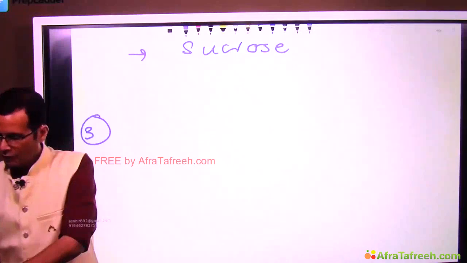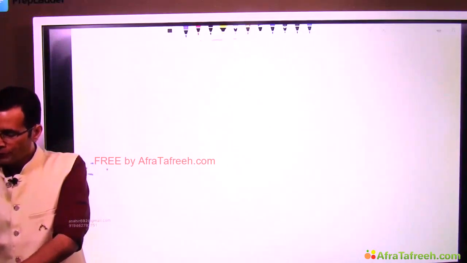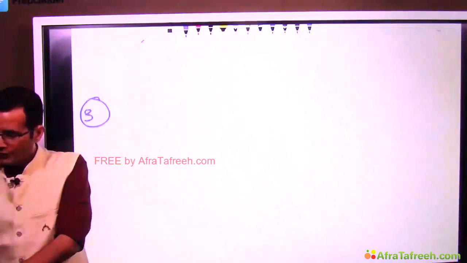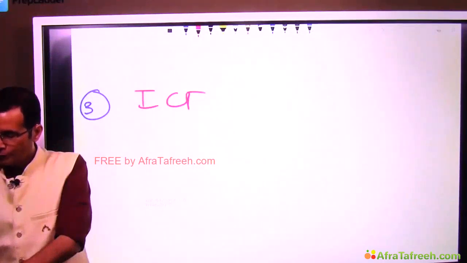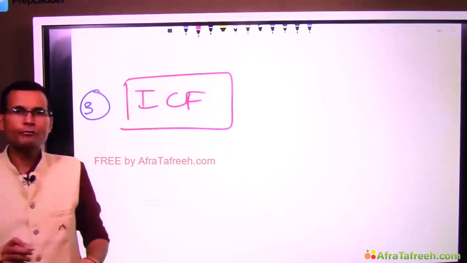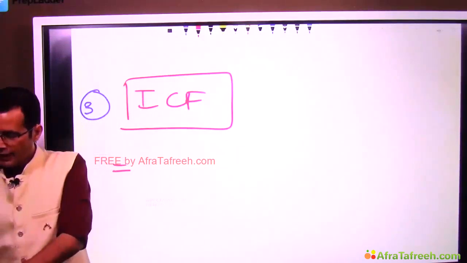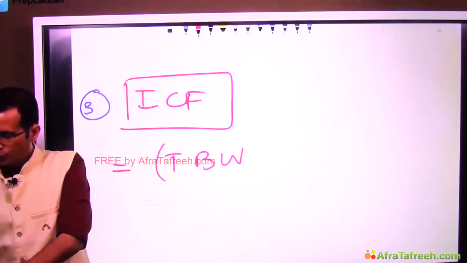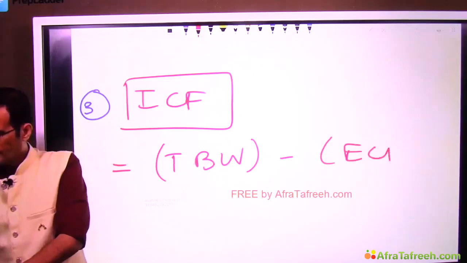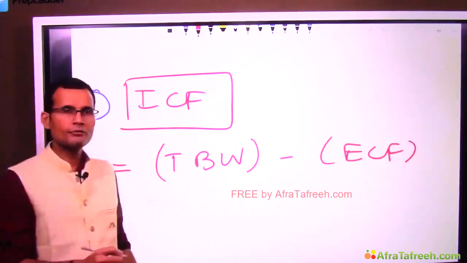We have seen total body water. We have seen ECF volume. So what is left? The ICF volume. ICF volume cannot be measured directly. It is measured indirectly: total body water minus the ECF volume is the ICF volume.